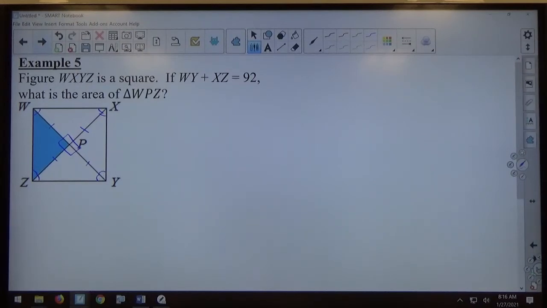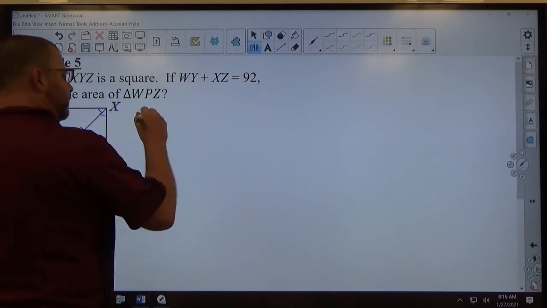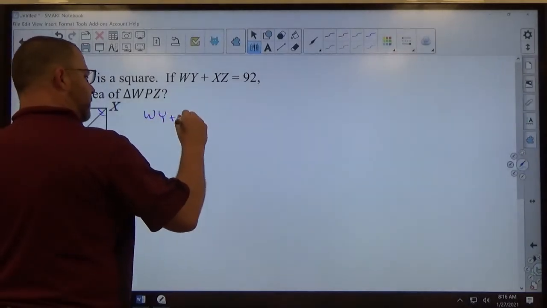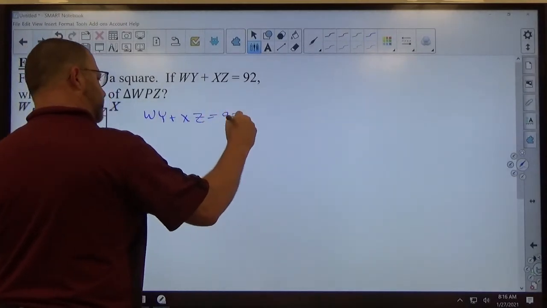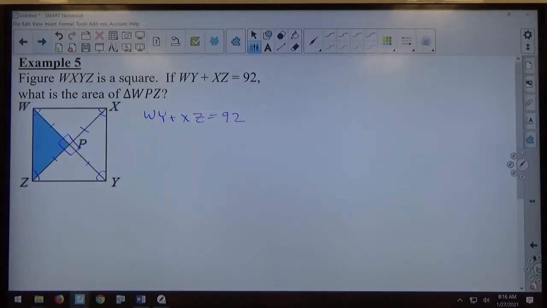We know that WY plus XZ equals 92, so let's start there. Again, a square is officially a rectangle also, which means that WY and XZ are the same length, right? So let's just say, and I'm going to erase all these marks so we can see this better, let's just say the length of WY is called A. That's the length of WY.